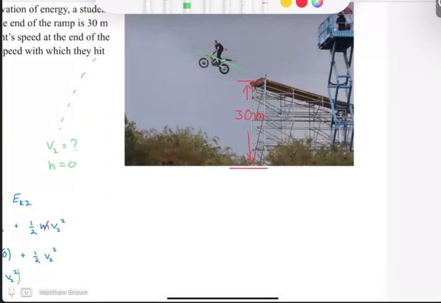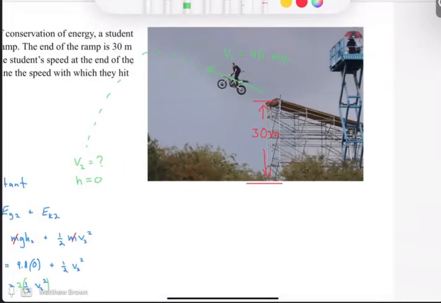So, in other words, we're saying at some point way back over here, just to get to this point, this dirt bike had to accelerate 400 kilograms to this height and to this speed, right?